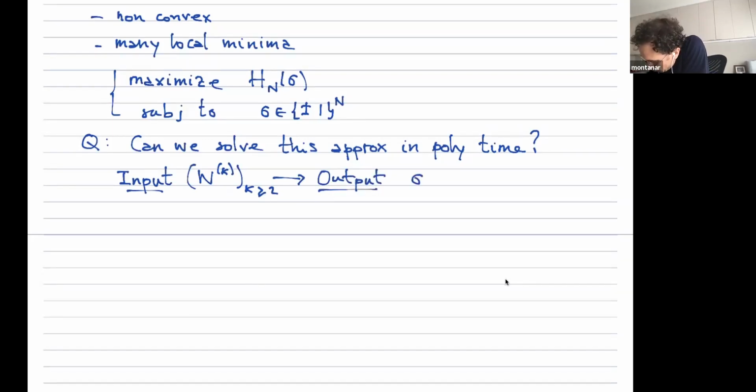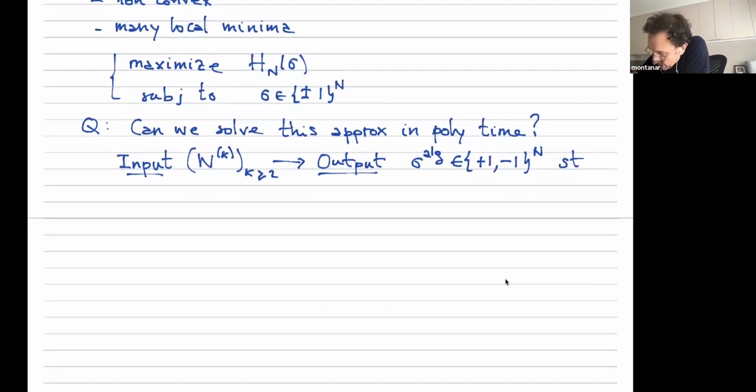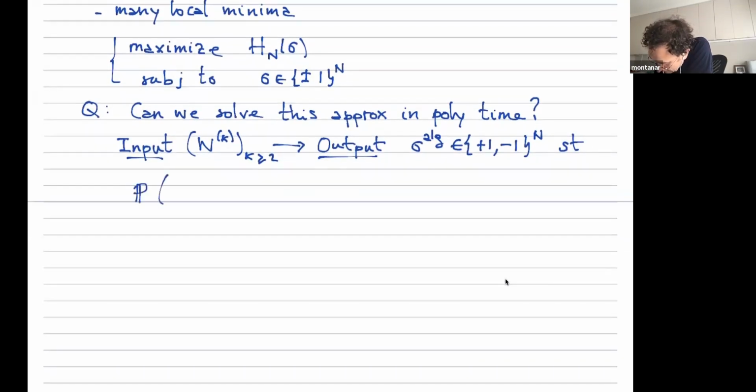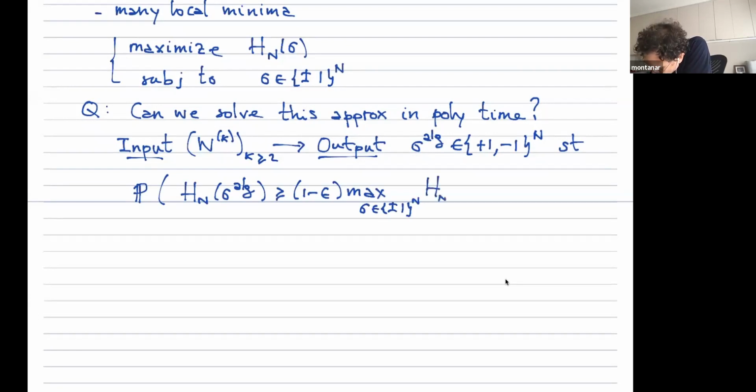a plus or minus 1 vector that I'll denote by sigma alg, and such that, let's say, the probability that this energy function at sigma alg is bigger than 1 minus epsilon fraction of the optimum goes to 1 as n goes to infinity.